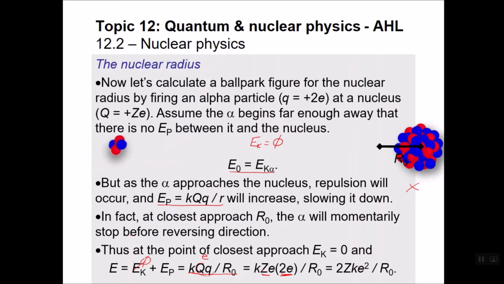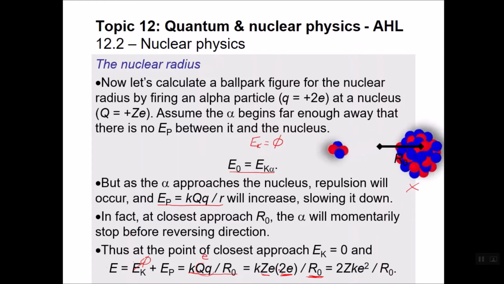If it's a carbon atom, it has 12, right? And so we would substitute 12 in there. And this is that minimum distance radius that we're looking at right here.